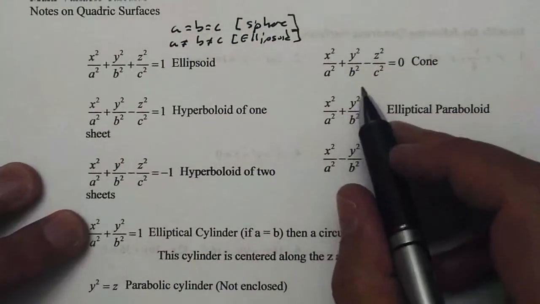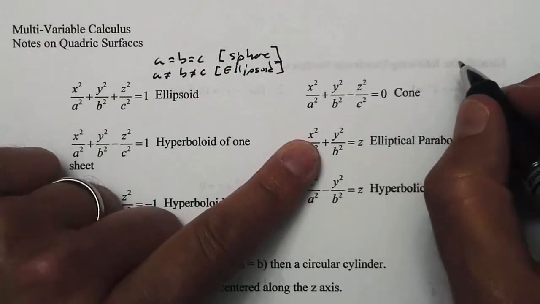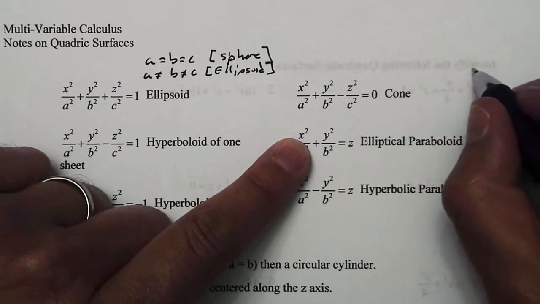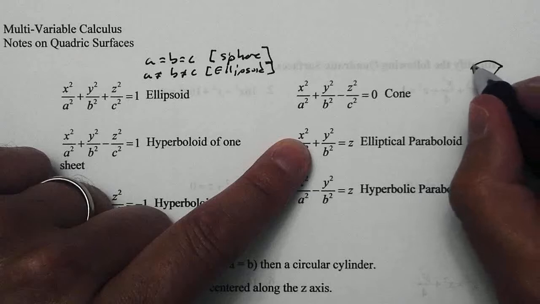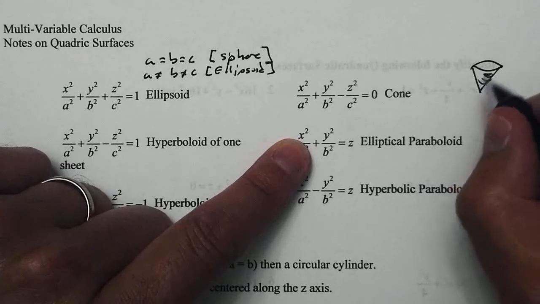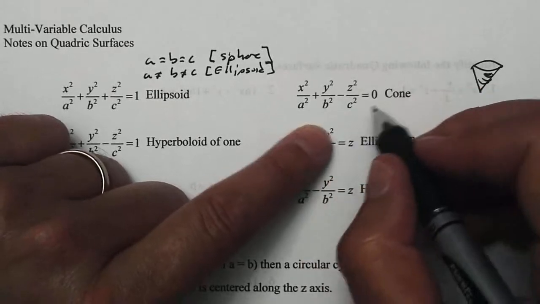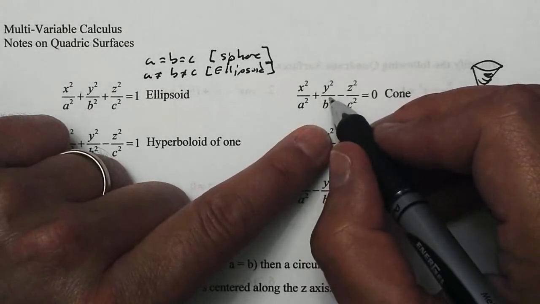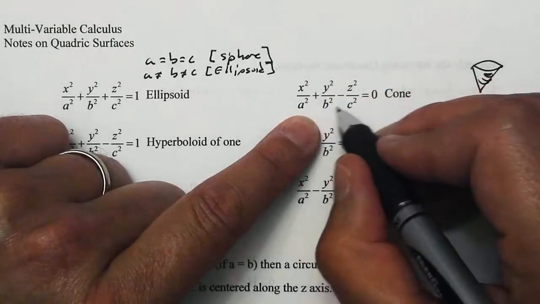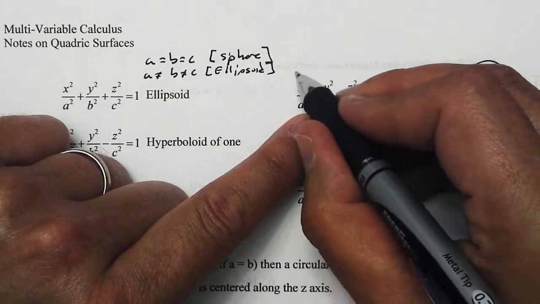Next, we have a cone. Now we all know what a cone looks like. Ready? They look kind of like this, right? We have a cone, and this is a cone whose opening is going to be parallel to the xy plane.